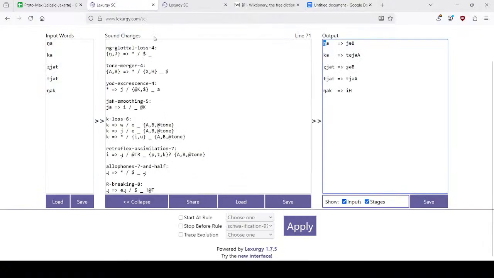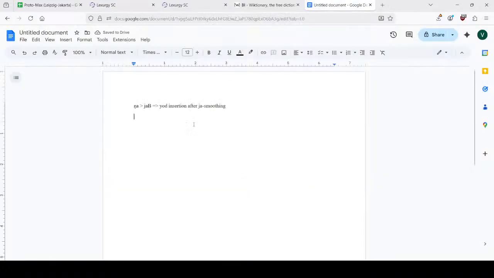And then our second item, which is ga to gya, or yeah, ga to, no, stop capitalizing my damn things. Ga to gya implies the same thing. Yes, let's just do these two here.